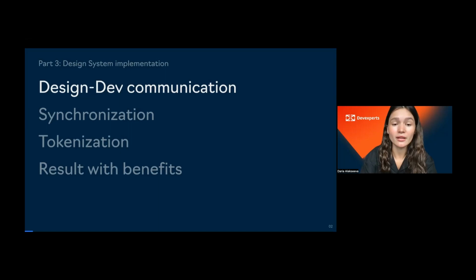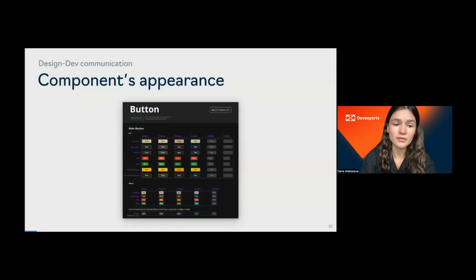Let's start by discussing the components view. This is, for example, how the button component looked in our design file. One frame contained all its themes, states, and types. These button children, which we call instances, are used all over the project with overridden text fields, of course.